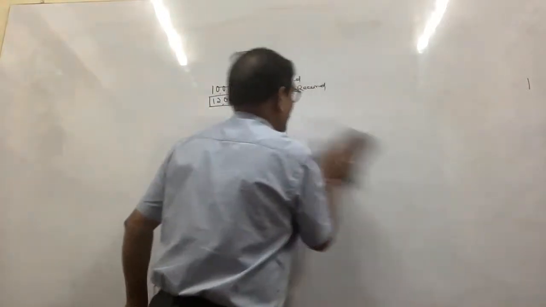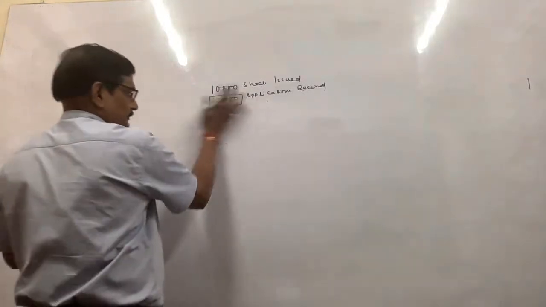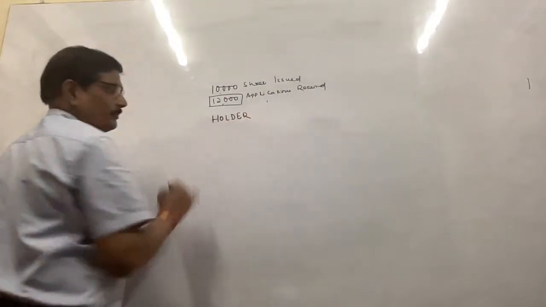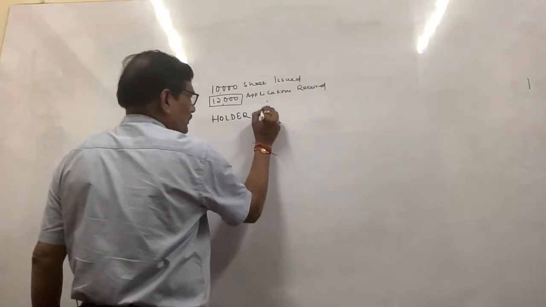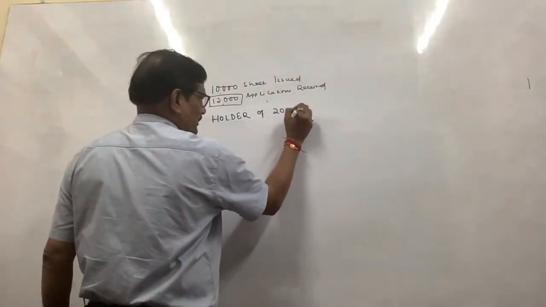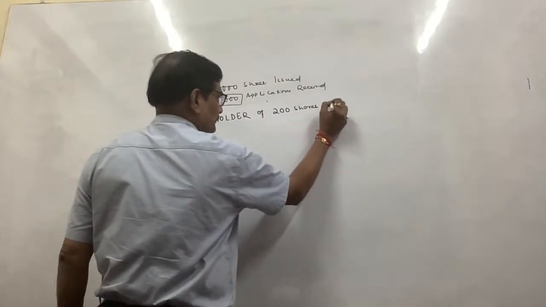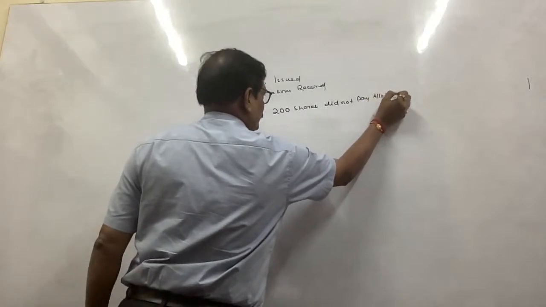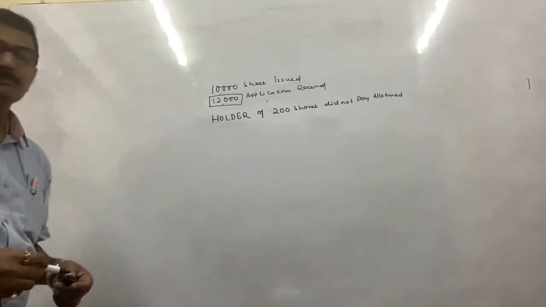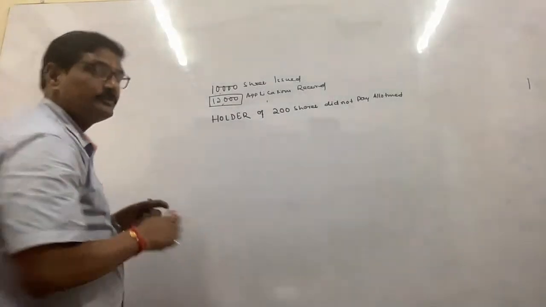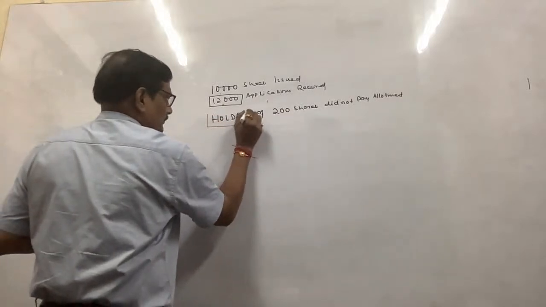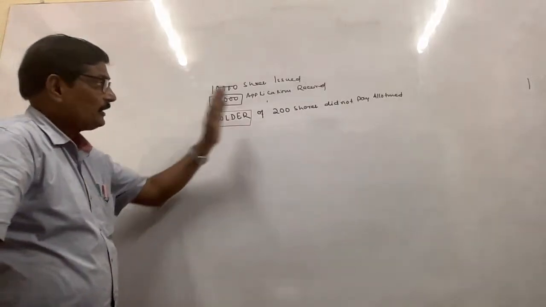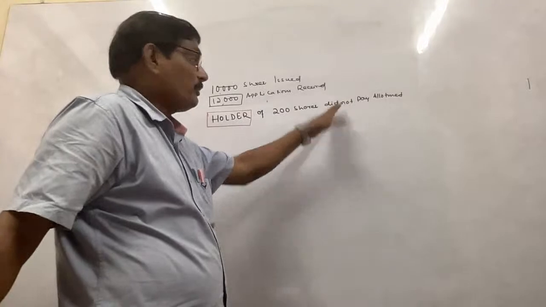Now suppose it is given in this question: holder of 200 shares did not pay first call money, allotment money.